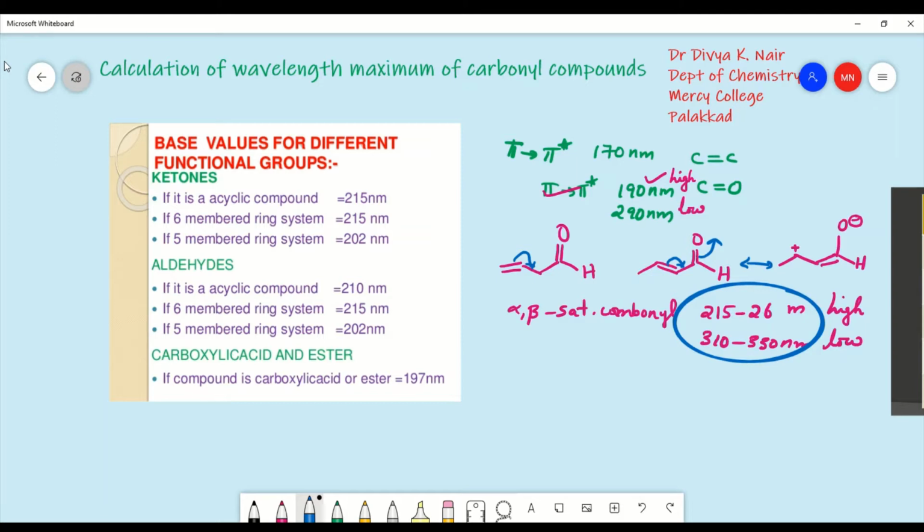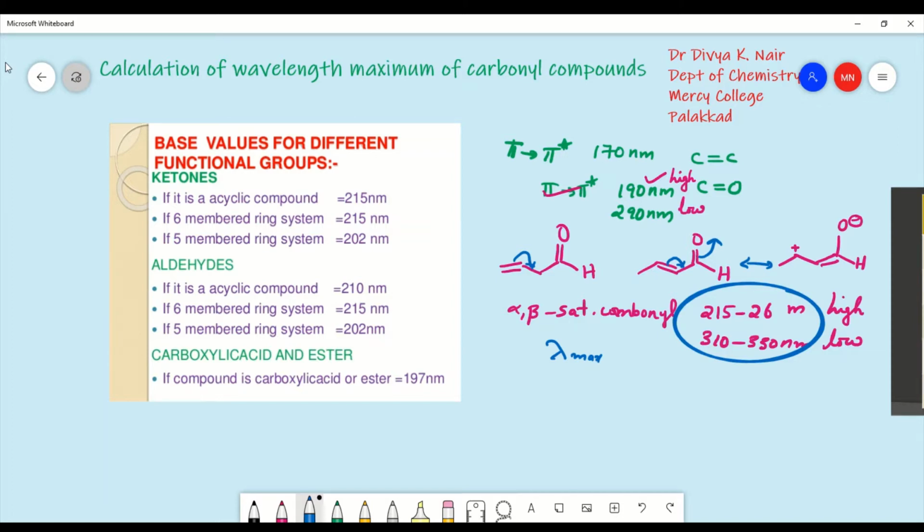Just as in the case of dienes and polyenes, there are some empirical rules called Woodward-Fieser rules or Woodward-Fieser-Scott rules that can be used to predict lambda max. That means lambda max, the absorption maximum, for calculating this pi to pi star transition. So the basic values for different functional groups.